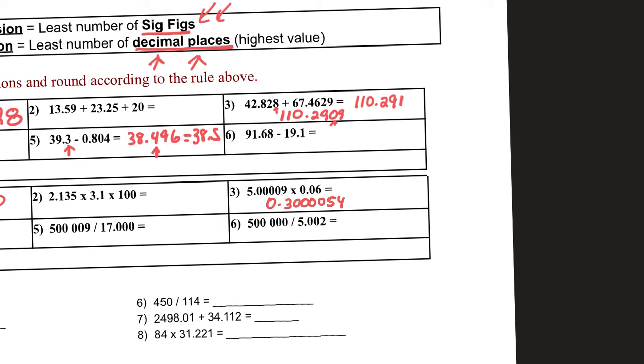This number here has 1 significant figure. This number here has a lot more than 1 significant figure. It's got 1, 2, 3, 4, 5, 6. So I need to round this to 1 significant figure. So coming from this direction, decimals present, I'm looking at this one. It's followed by a 0, so the answer is going to be 0.3.